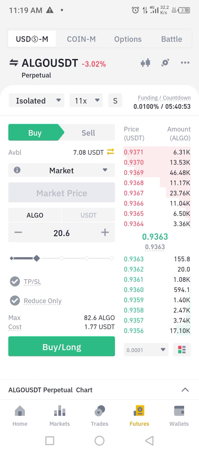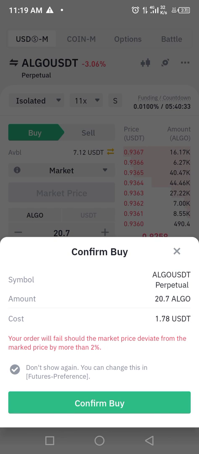Maybe let me use 25% or 50%, depending on how much balance you have in your futures account. Because the higher the balance, the more distant it will be between the liquidation price and the entry point. So let me use 25% and open the position using 11x.